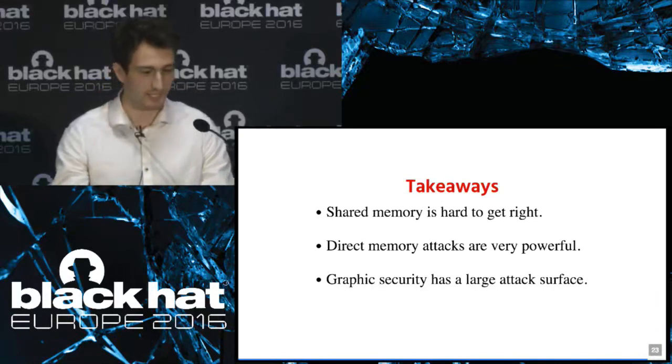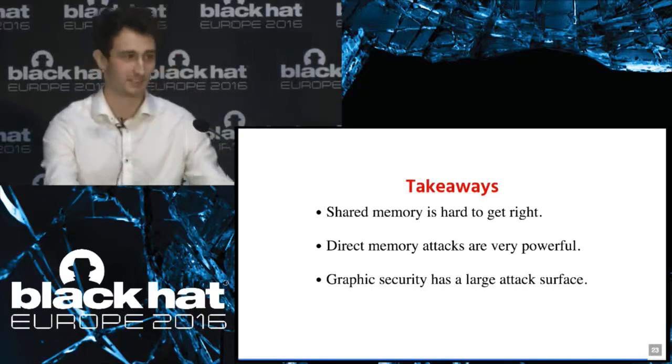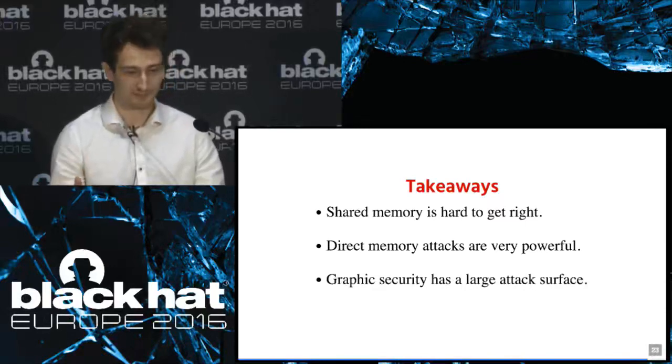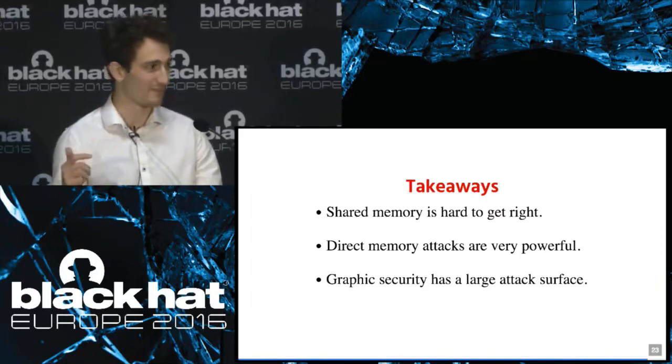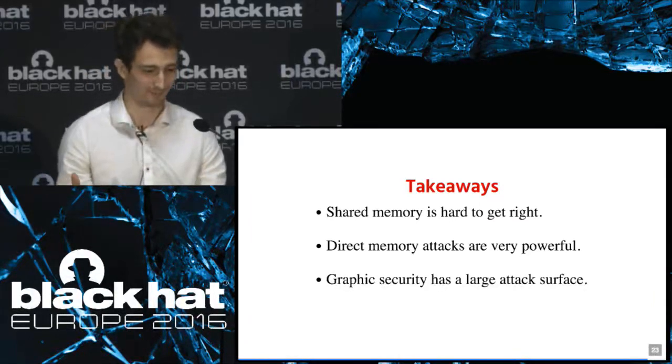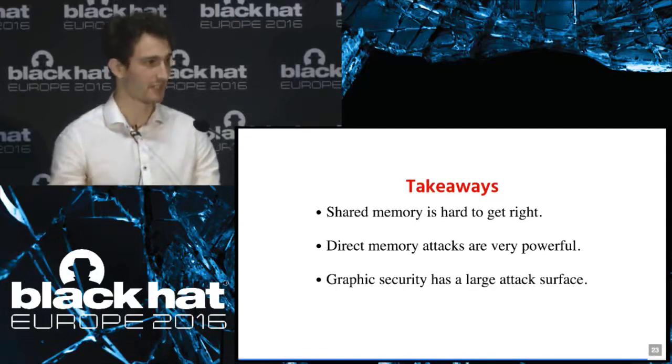And last thing to know is that graphics security has a very large attack surface. What I just showed here is the tip of the iceberg. There's stuff like buggy shader compilers to video graphics not being cleared from memory. And I'm definitely going to do further research into this area.